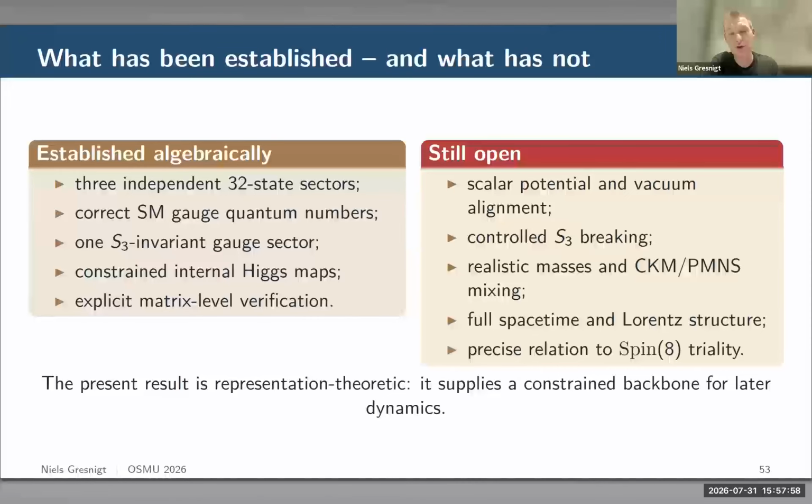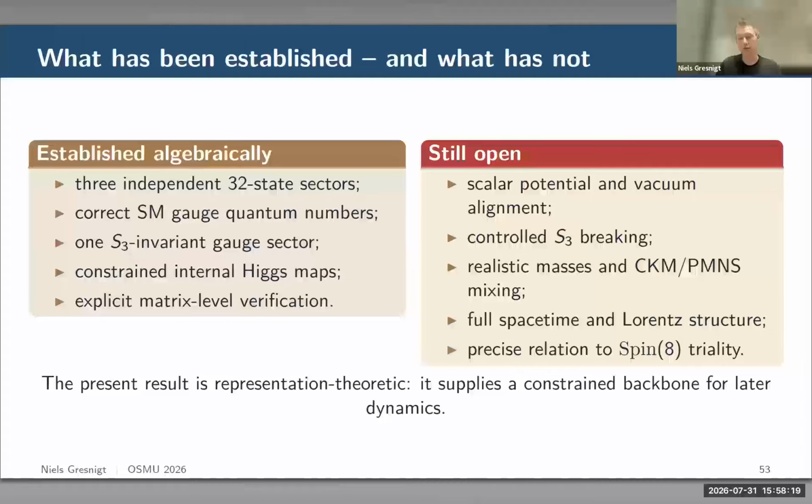But of course, there are still a lot of open problems. One of the things I would really like to do is develop these ideas about the Higgs sectors and the Yukawa couplings, and then see how I can get the scalar potential and the vacuum alignment. At some stage, one would have to break this S3 symmetry.